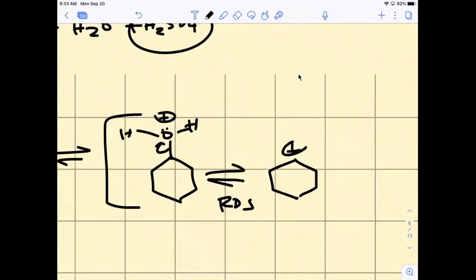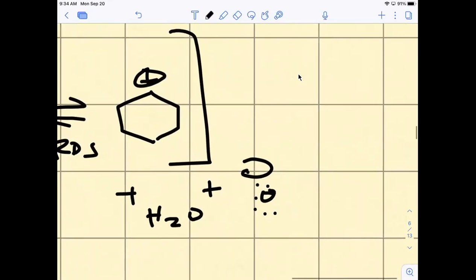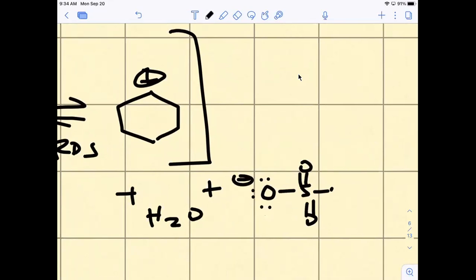I have that plus water plus, let me draw that up here, the conjugate base of sulfuric acid.